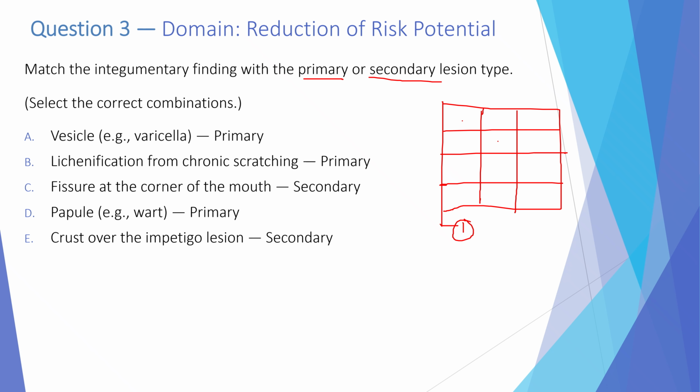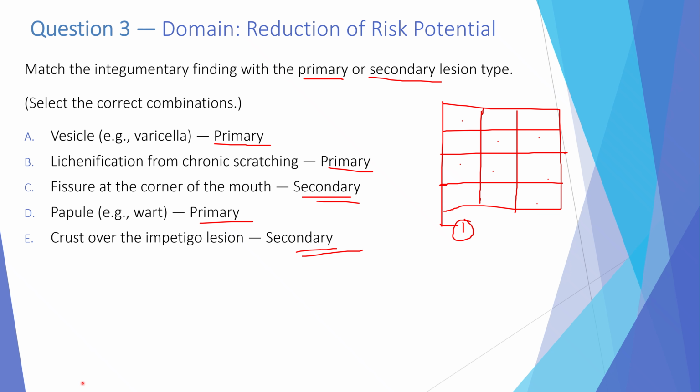So it's like double in domains. So keep in mind when you put those dots. Here you have primary, and then you have secondary.